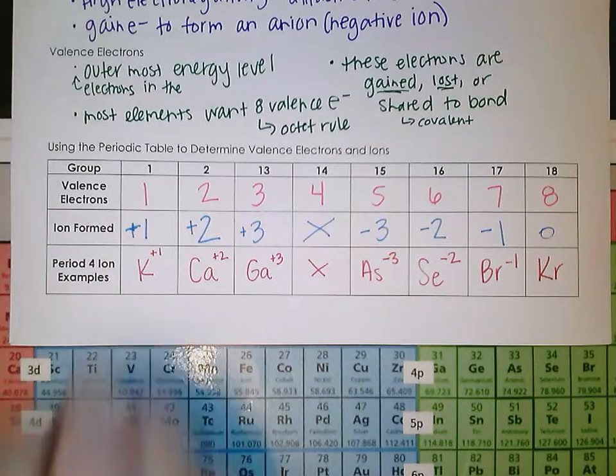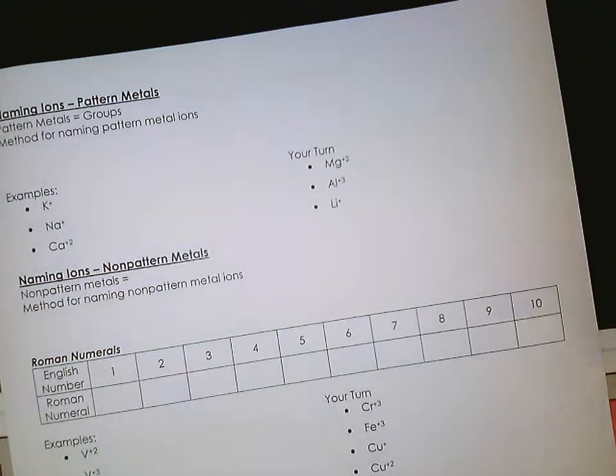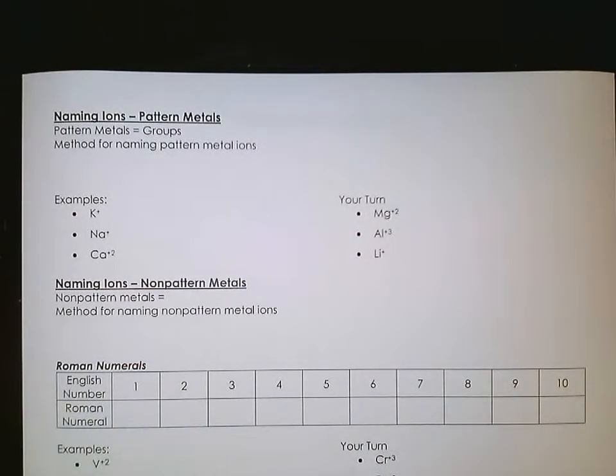So let's go ahead and take a look at our next page here, dealing with naming ions. So, pattern metals, we're going to be talking about, excuse me. Pattern metals here are group 1, 2, and 13.